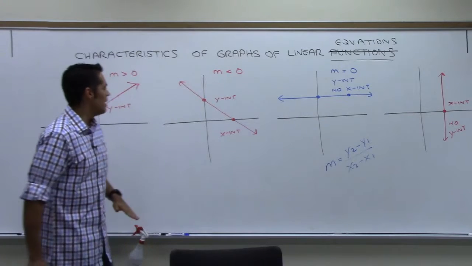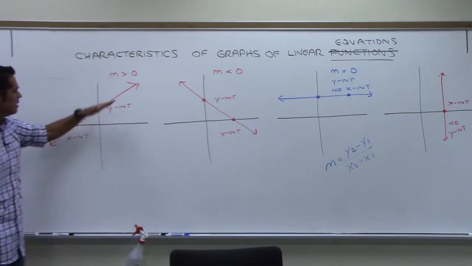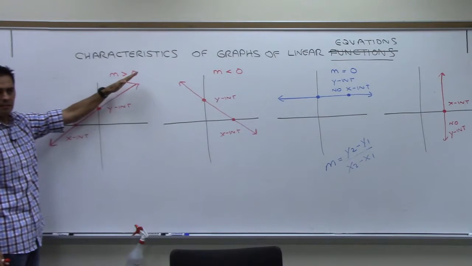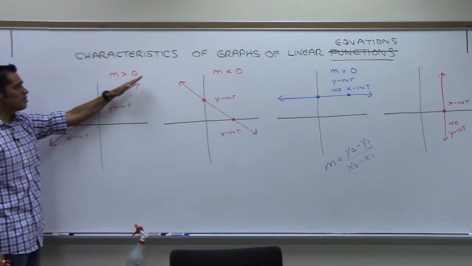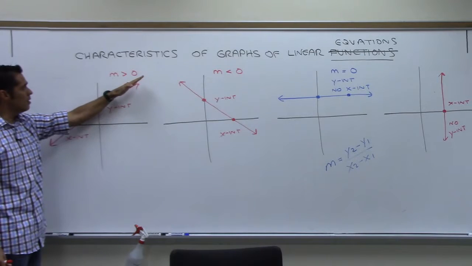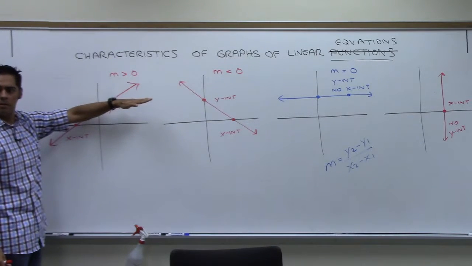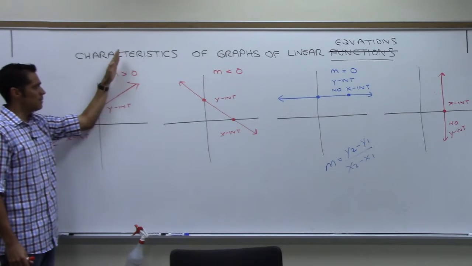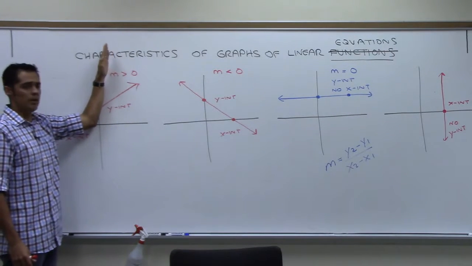So let me try and motivate the idea. Let's say that the slope of this line is 1. Okay, let's just say. Then if I said the slope of the line is 2, would that go up or down? Up, right? If I said the slope is 10, what would happen? Steeper. What if I said 100? Steeper.